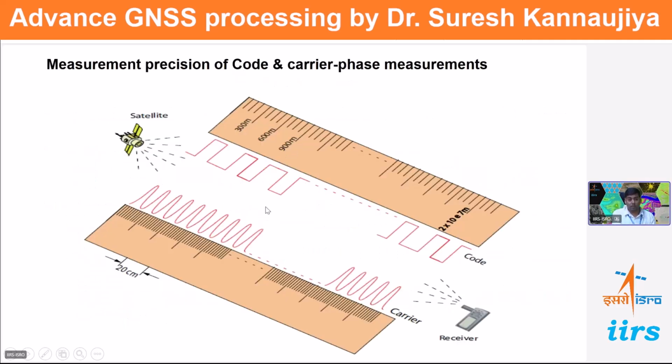These are the frequencies transmitted from the navigation satellite: the code signal and the carrier signal. The carrier signal we use for millimeter measurement, and the code signal we use for a priori measurement.